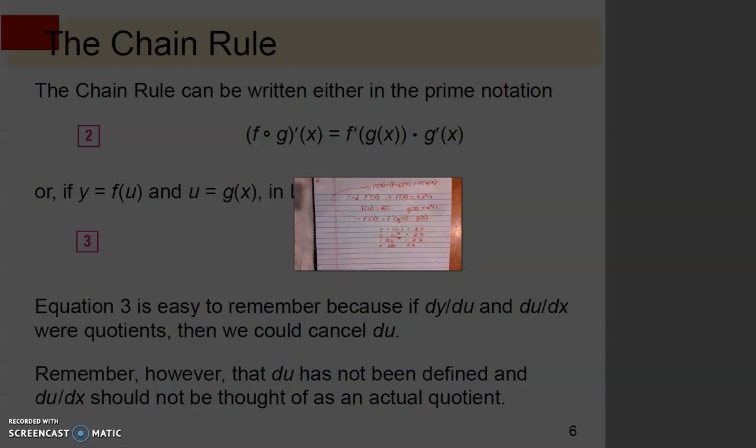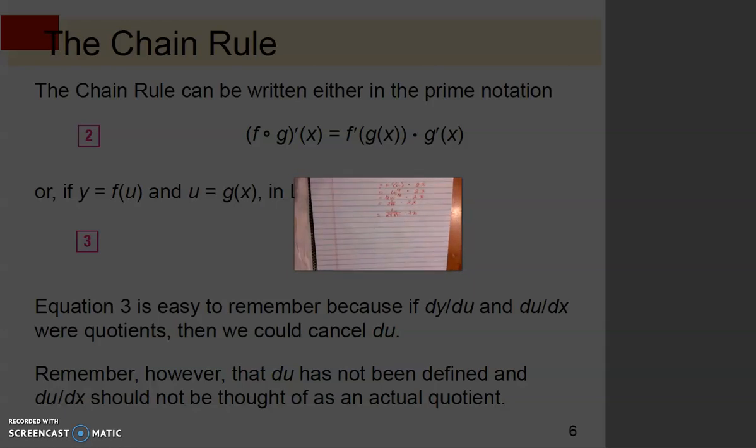When we do that, we can now take what our g of x is and plug it back in for u. So what I'm going to have is 1 over 2 times the square root of x squared plus 1, times 2x.